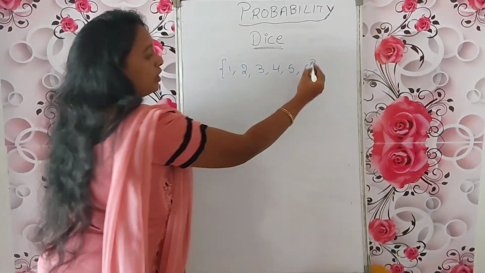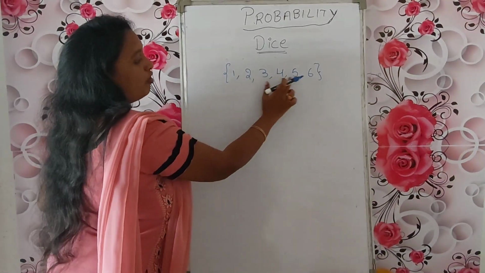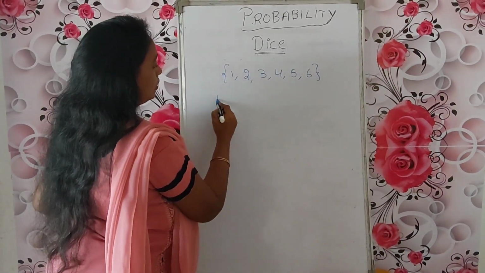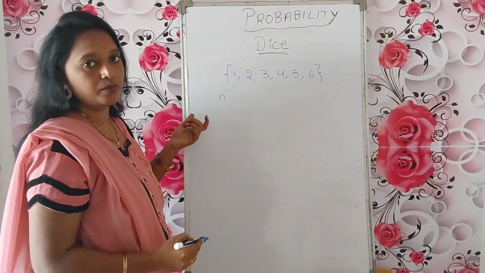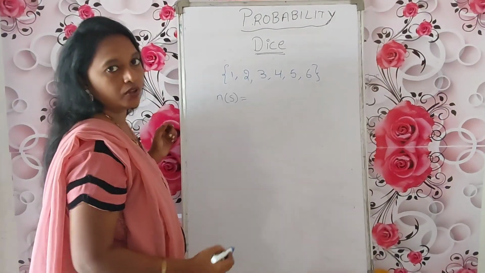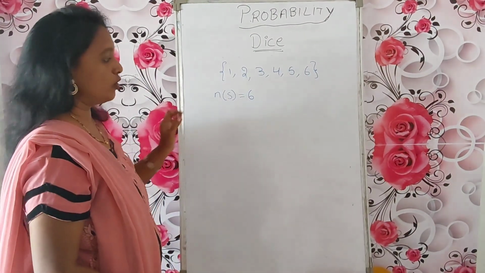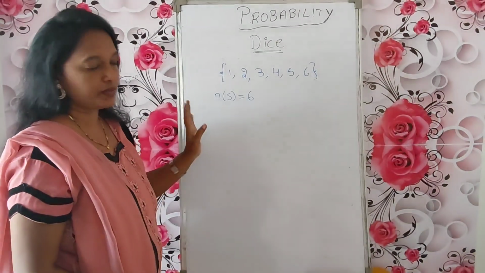So, the total number of possible outcomes are 1, 2, 3, 4, 5, 6. The total number of possible outcomes is denoted by n of S. So, n of S is equal to 6, the total number of possible outcomes.